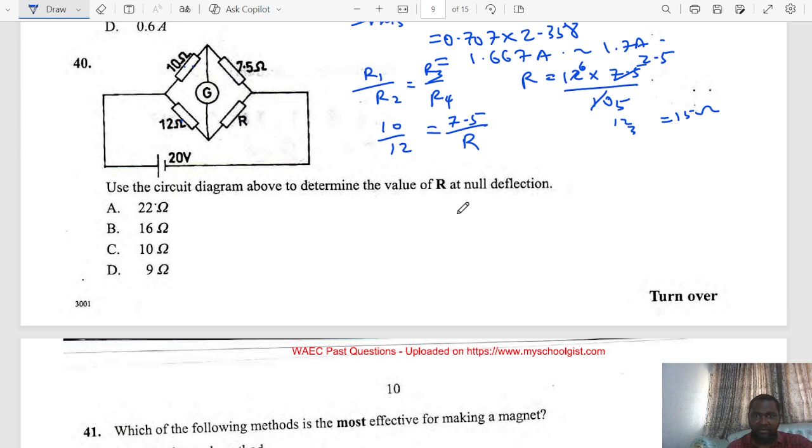I'm not seeing any 15 ohms. I hope I'm not making a mistake. Let me use a calculator. 12 times 7.5 then divided by 10. So the answer is 9. I made a mistake. So 9 ohms is the answer.